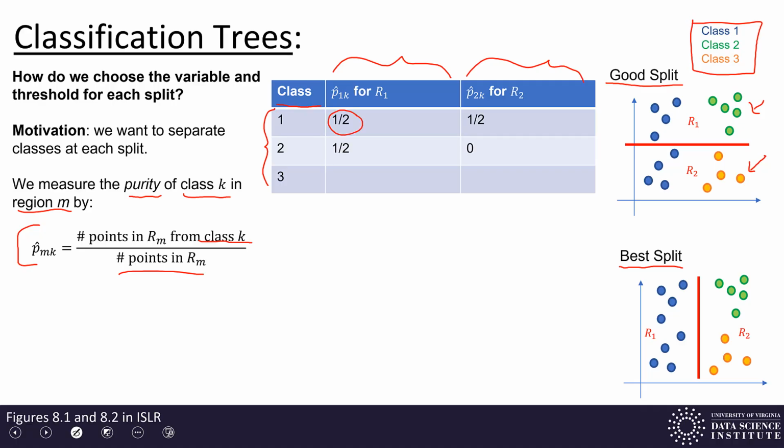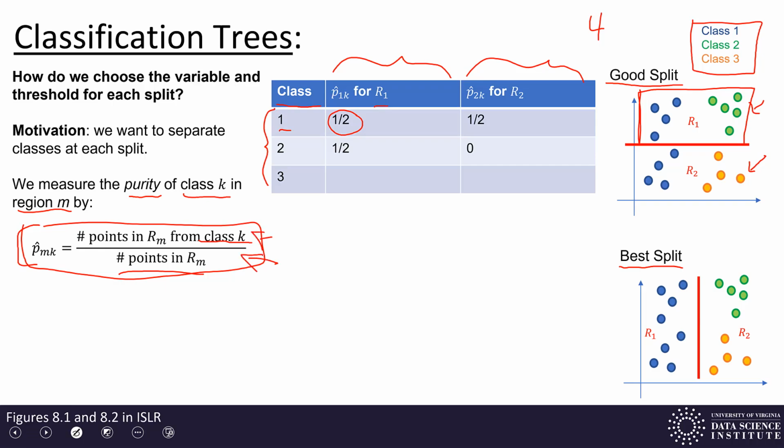So let's take the computation of this. So this is class 1 in region 1. So we look at region 1 for our good split. Class 1 is the blue. So by this formula for purity, the number of points that are in class 1 is 4. That's the top of this fraction.